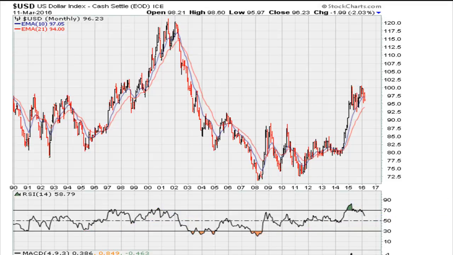I'll also show you another argument that I believe is a good argument for the dollar still being stable. We go back to this break here in '01, '02, and draw a line from there, something like that.